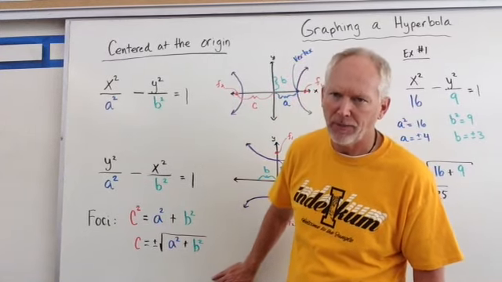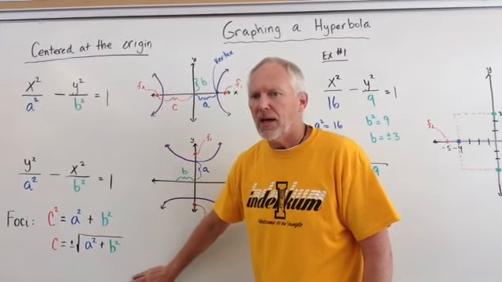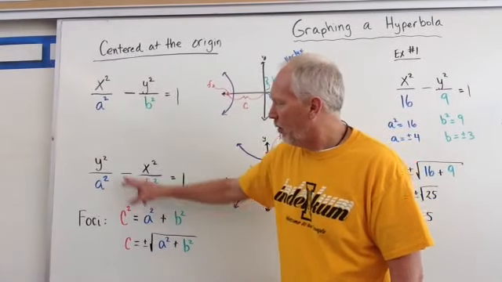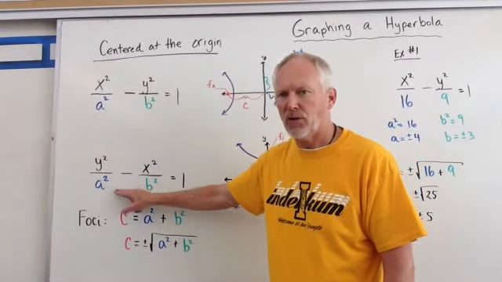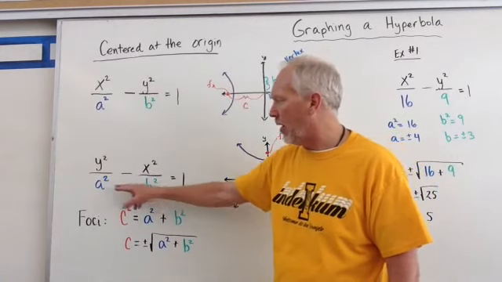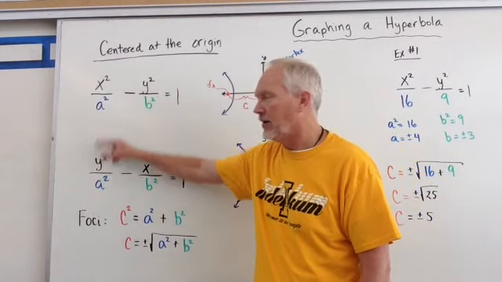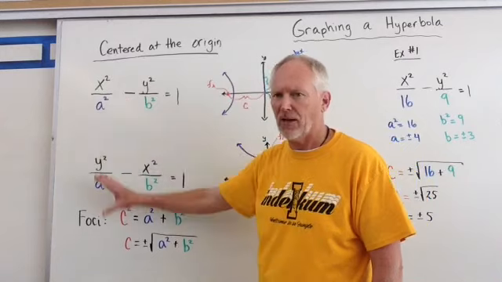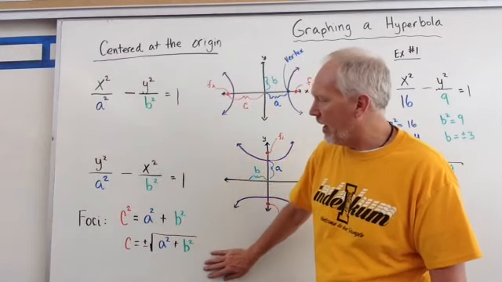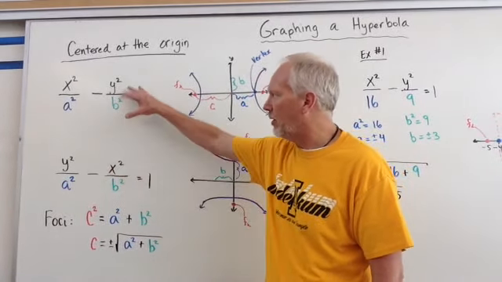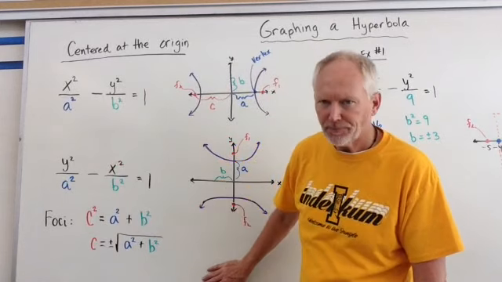If we look at the y squared out front over a squared minus x squared over b squared, again we see that a is still out front. A is always out front in these, and the b value will be under the secondary one.